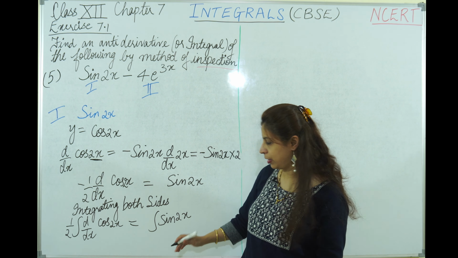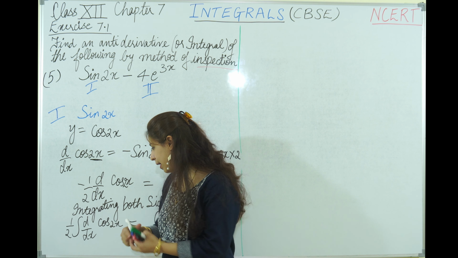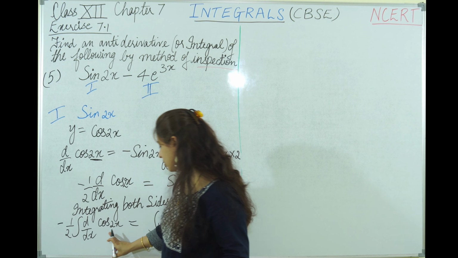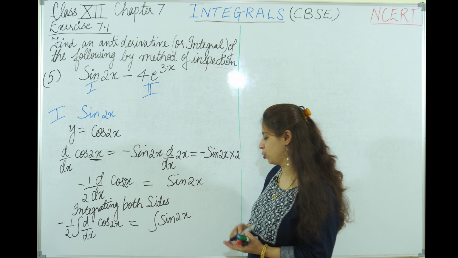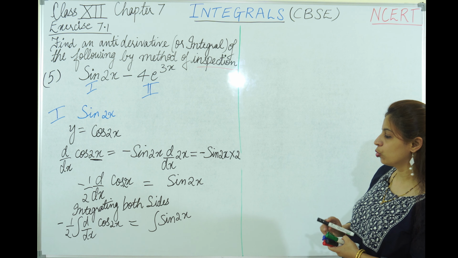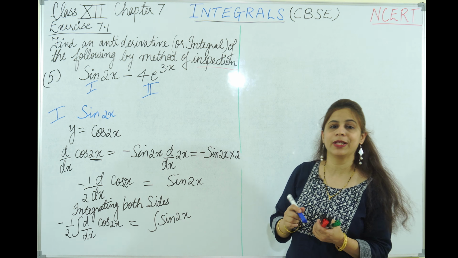So the antiderivative of sine 2x is minus cos 2x upon 2. This we have found for the first function of the expression.